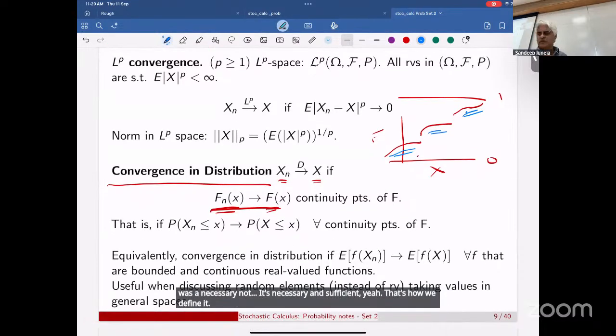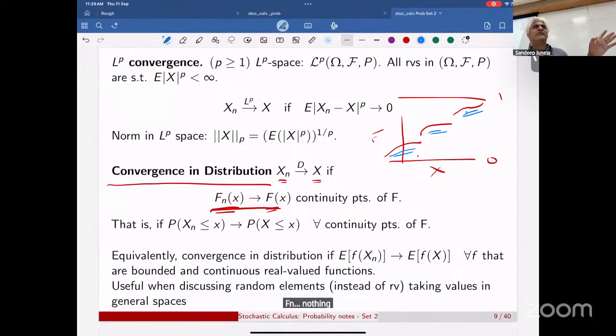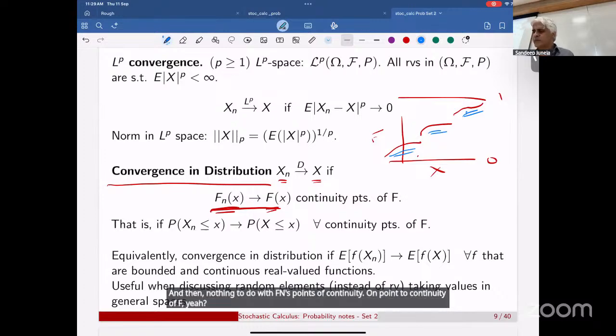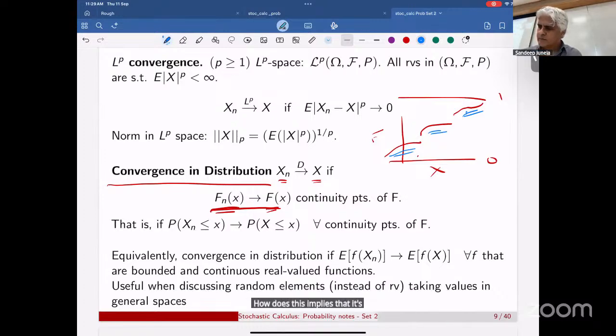Fn of x converges to F of x on the points where F is continuous. Again, be very clear, nothing to do with Fn's points of continuity. On points of continuity of F. How does this imply that it's a measure zero set?